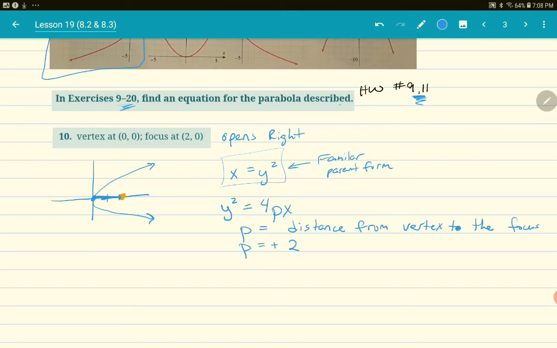Actually, I'm going to write generally that p is plus or minus the distance, depending on if it's going left or right. It's going right, so I know p is a positive 2. So I can plug that back into my general equation here, and I get y squared equals 4 times 2 times x, so y squared equals 8x.